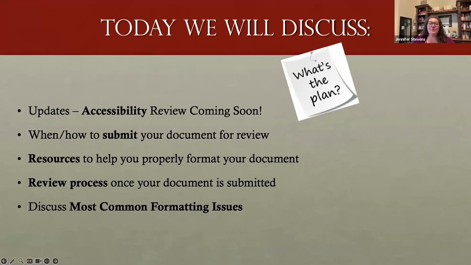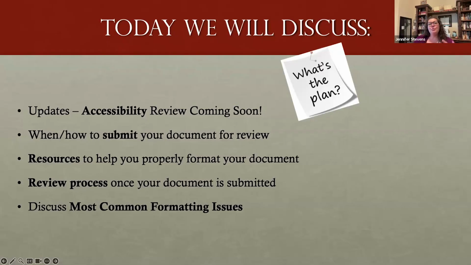First, I'll go over what that update is, which includes an accessibility review. I'll talk to you about how and when to submit your final document for review, go over some of the resources that will help you prepare your document for both accessibility and the format review.